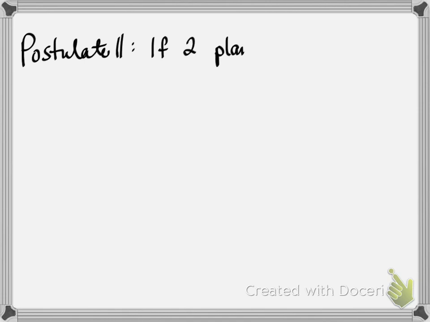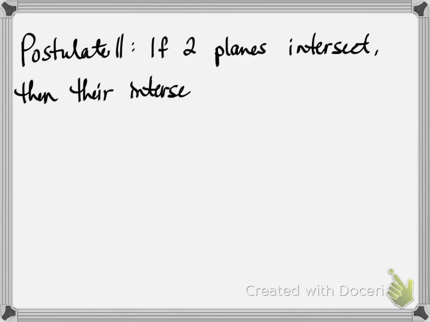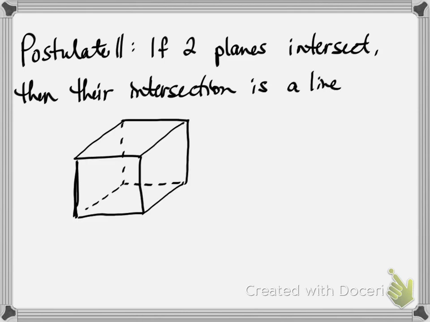And last but not least, postulate 11. If 2 planes intersect, then their intersection is a line. Okay, so if we have 2 planes that intersect, their intersection is a line.